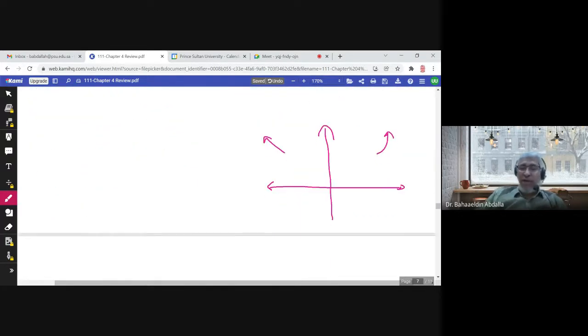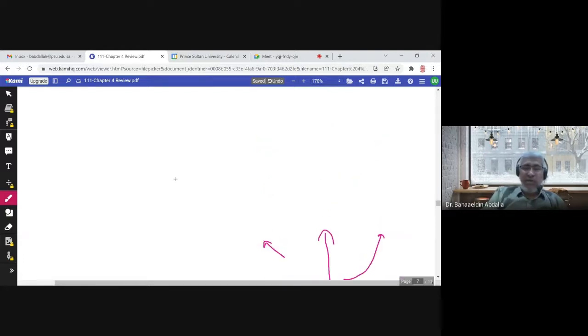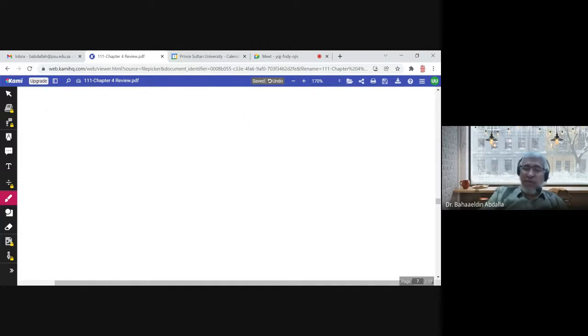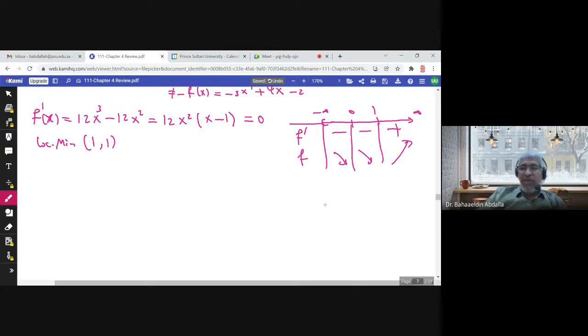If 1, 1 is a local minimum, okay, so it seems that the function is going like this here, and it's going like this here. Okay? Let us continue with more information. Here it's increasing, here it's decreasing. But there is something at 0.